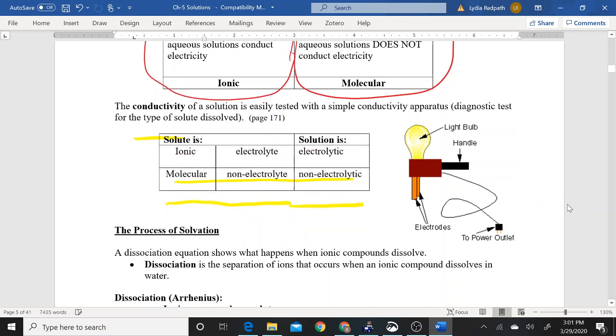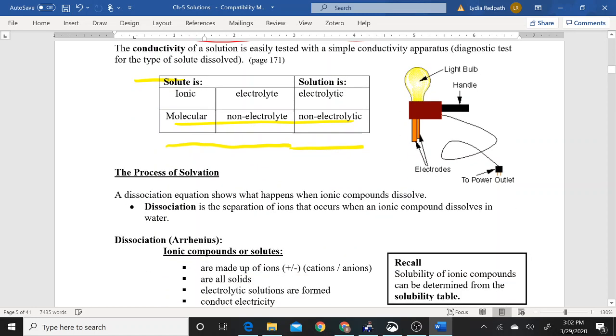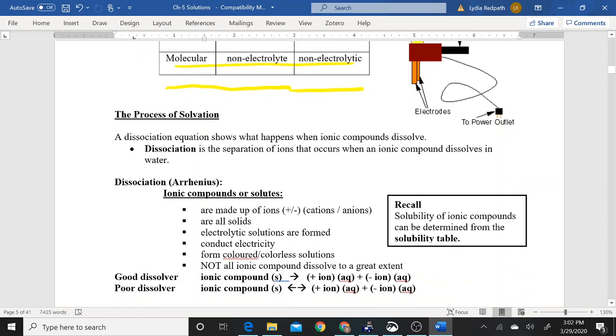There's lots of real easy ways to go through and do this. If we ever get back to class, we might plug a power outlet into a light bulb, and if the solution can conduct electricity between the positive and the negative side, you'll see the light bulb actually light up. Hopefully we get back to class sooner than later and we can actually look at that.